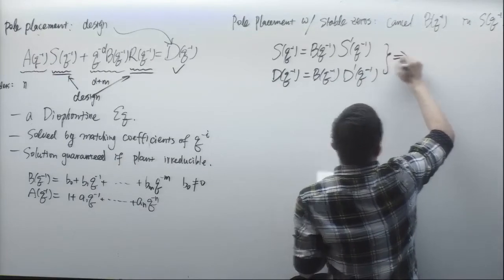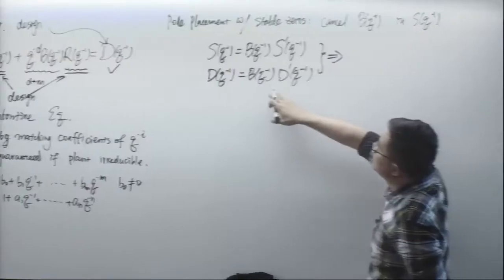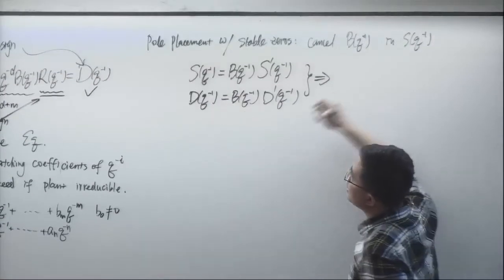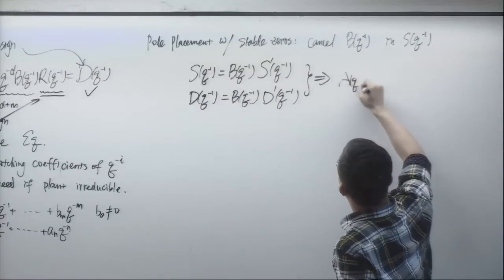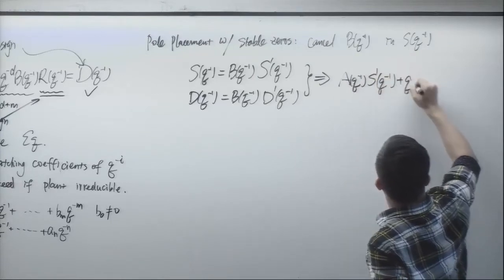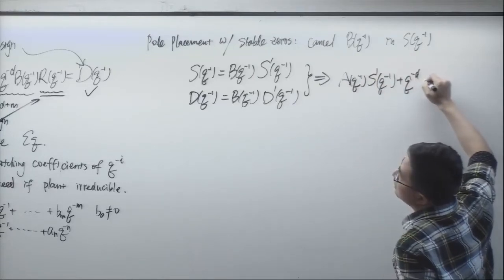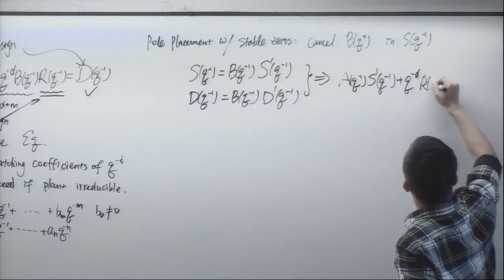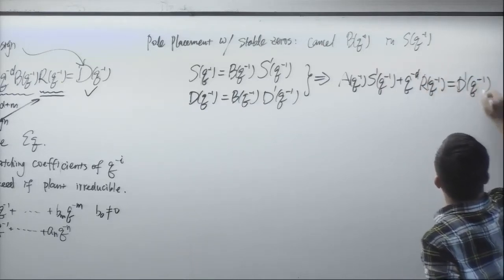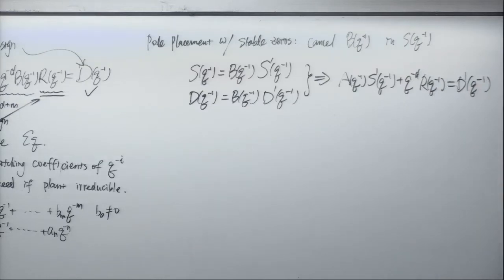These would lead us to substitute this inside and then cancel B on left and right. We're going to get AQ S prime plus Q negative D R equals D prime. So the Diophantine equation has been simplified substantially.